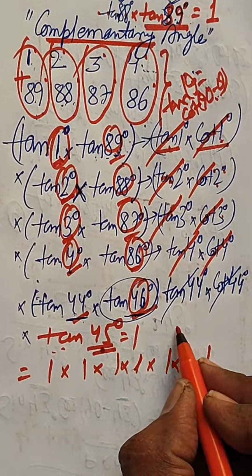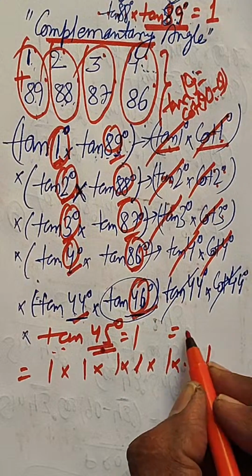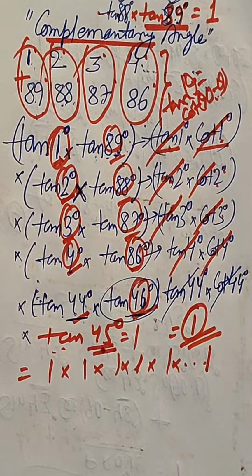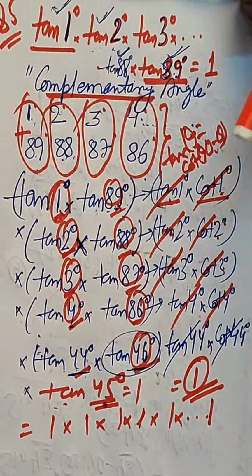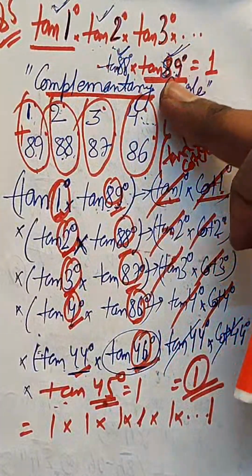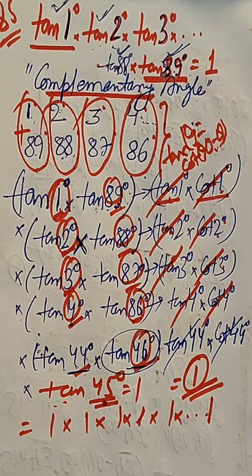All 1s multiplied together will give you the result as 1, right? And in this way we proved that tan 1 degree, 2 degree, 3 degree till tan 89 degree is 1. So this is the concept of complementary angle, my dear friends, and we can use it.